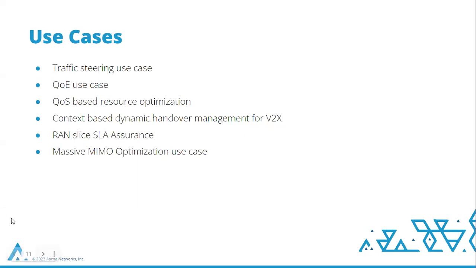optimization, and context-based handover for the V2X. This is mainly for vehicular communication. In most of these autonomous cars and vehicular communications, these UEs, which are nothing but the cars or any entity, can send data to the V2X servers.